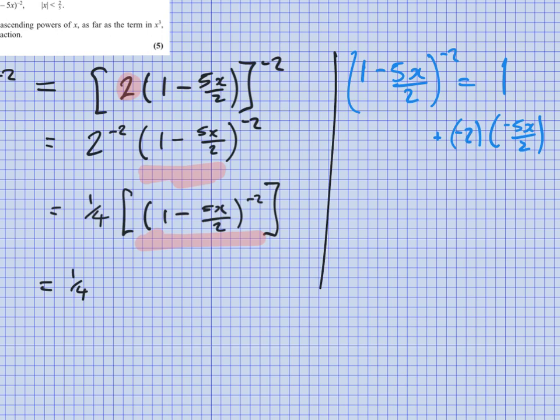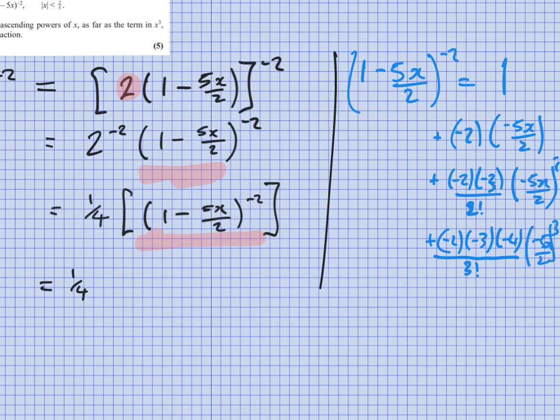Okay, second term, n times the little bit in the x term, plus minus 2 times n minus 1, all over 2 factorial times minus 5x over 2 squared. And the last bit, minus 2 times minus 3 times minus 4, all over 3 factorial times minus 5x over 2 cubed. So that's going to require us to do a little bit of calculation.